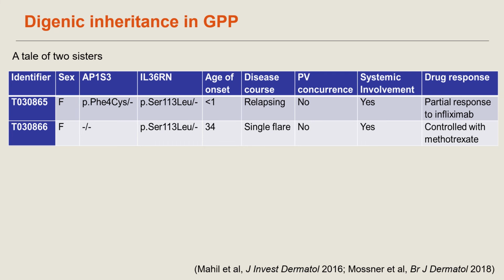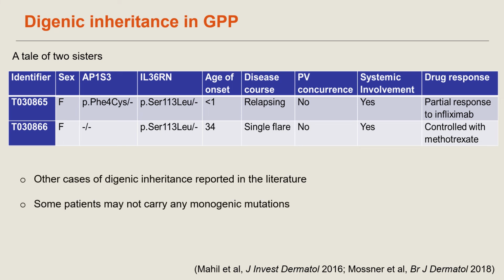And interestingly, the sister with the more severe phenotype carried an IL-36RN mutation and an AP1S3 allele, whereas the sister with the milder phenotype only carried the IL-36RN mutation. So in this case, the AP1S3 allele was modifying the impact of the IL-36RN mutation.